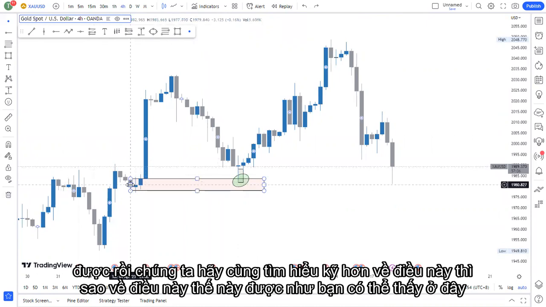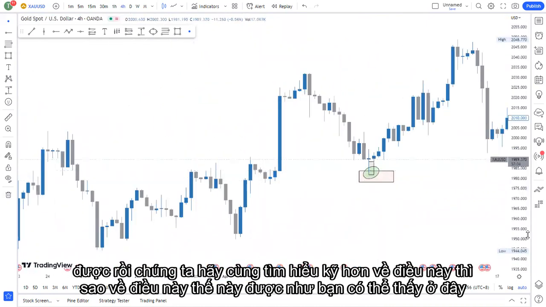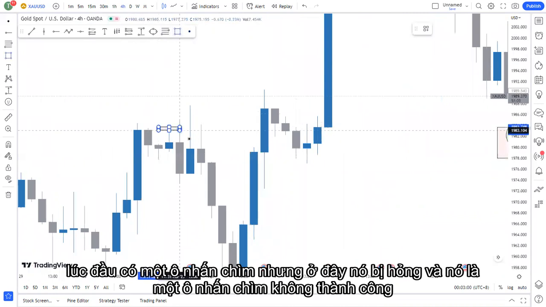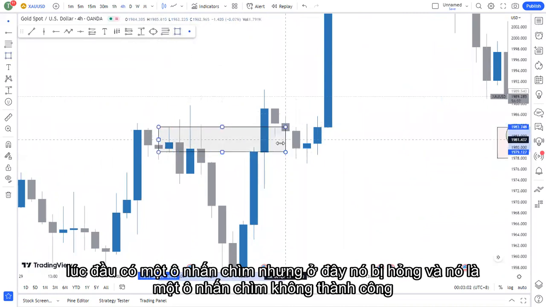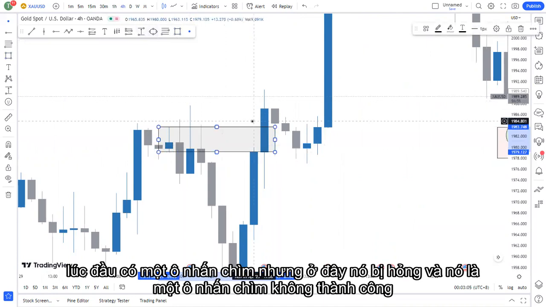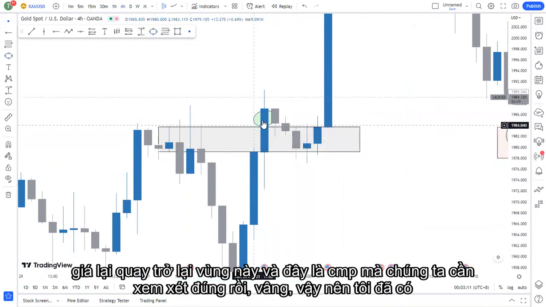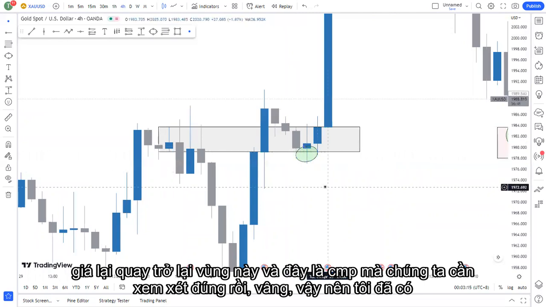What about this? Okay, as you can see here, there is an engulfing sell at first, but it's broken here and becomes an engulfing fail, and the price gets into the zone again. And this is the CMP that we need to look at, right?